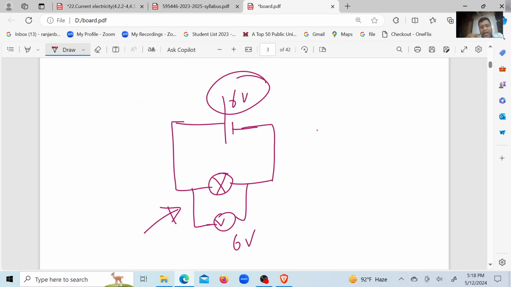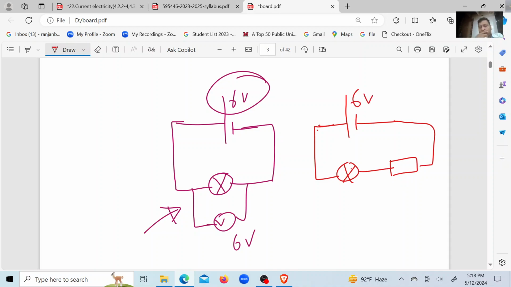Now every device has some resistance, whatever it is: lamp, resistor, TV, fridge, any electrical appliance introduces resistance, right? And separately, resistors also introduce resistance. So if a resistor and a lamp are connected in this way, still if it is 6 volt, this time the voltage will be divided into two parts, according to the ratio of resistance.